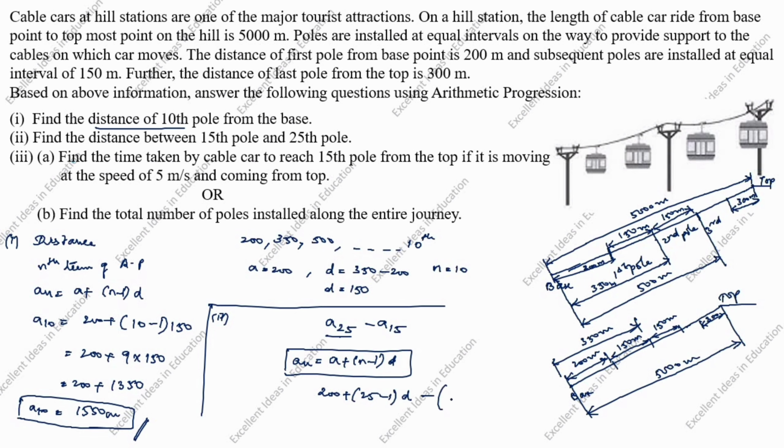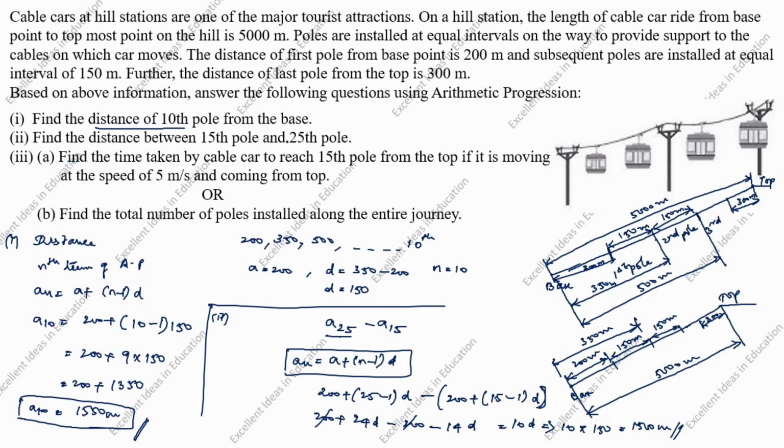Minus, open the bracket. A15, how we will write? A is 200 plus open the bracket N is 15 minus 1 into D. Next, 200 plus 25 minus 1 is 24D minus 200 minus into plus minus 15 minus 1 is 14D plus. 200 minus 200 cancel. 24D minus 14D is 10D equal to 10 into D value is 150 equal to 1500 meter.